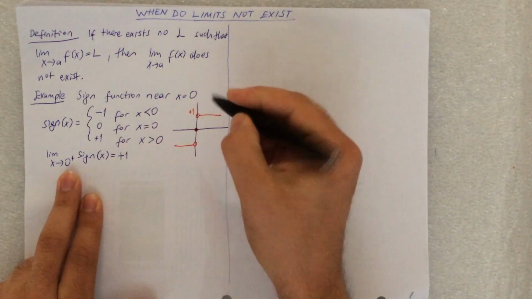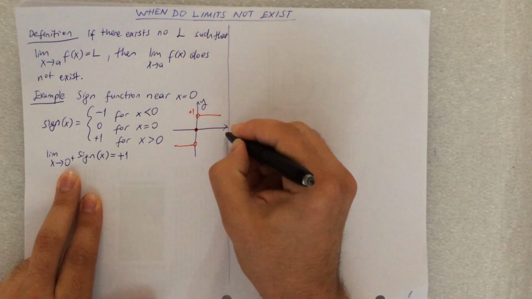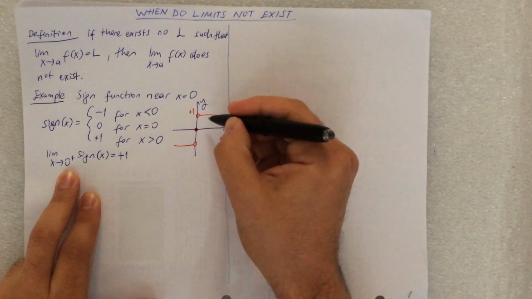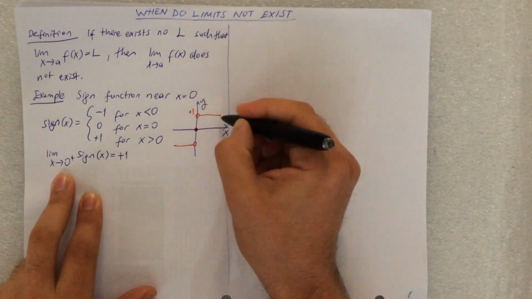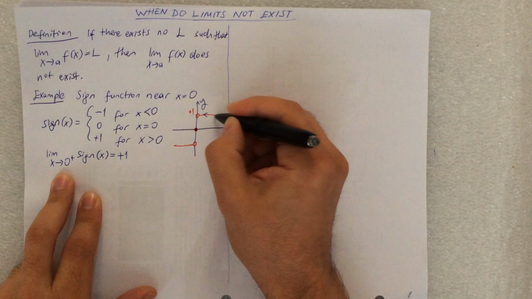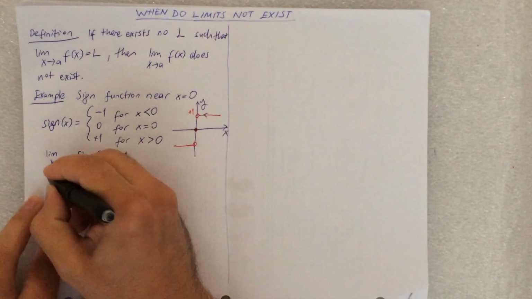If you write the right limit, as we approach x equal to 0 from the right hand side, then we approach +1 because it's a constant function for positive x values.